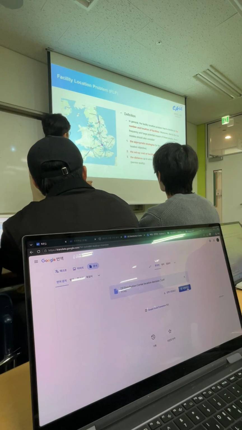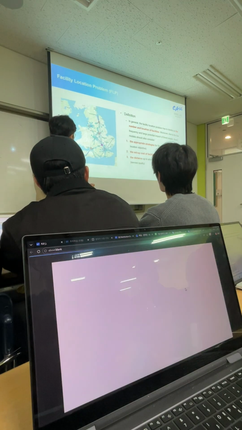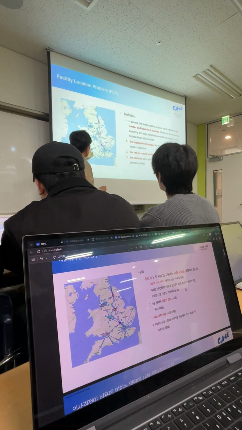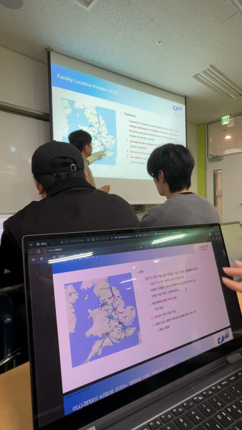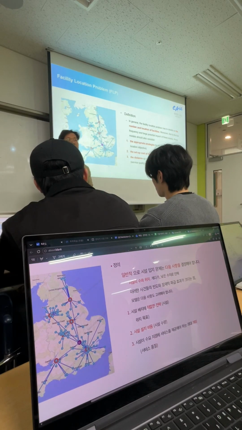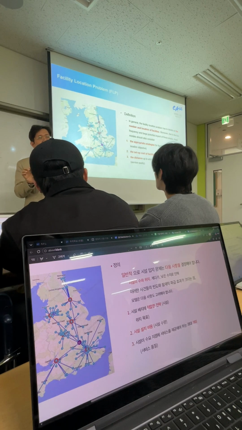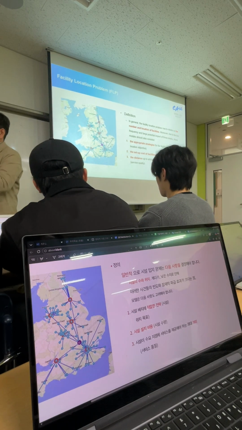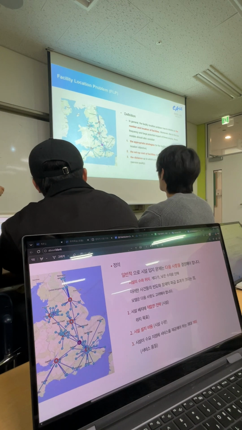As you all know, the locations are indicated by red circles or blue circles. They should be located in the right place. Right place means it should be optimized. So an optimization process is applied here to set up the right location.